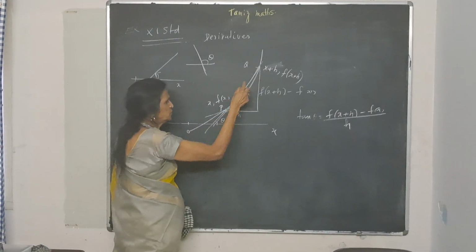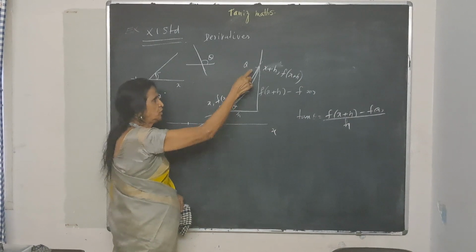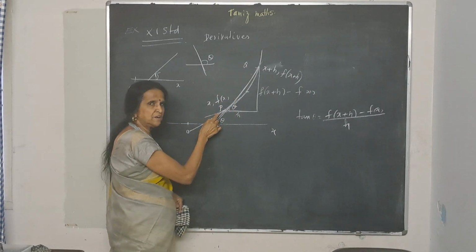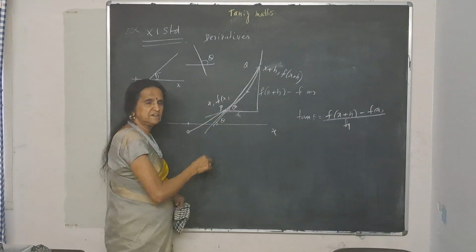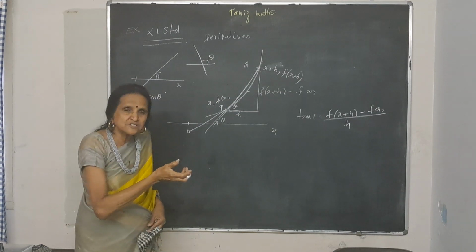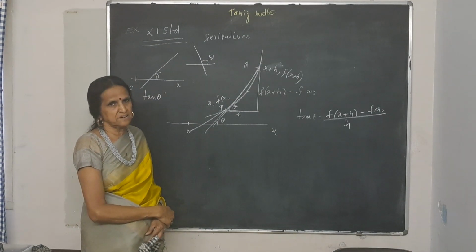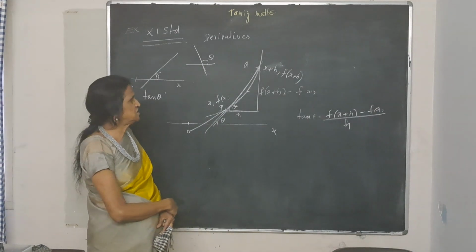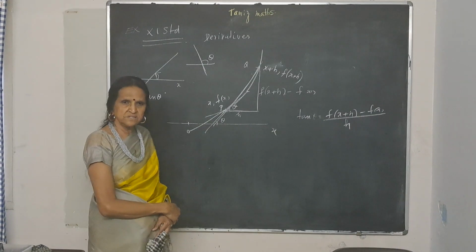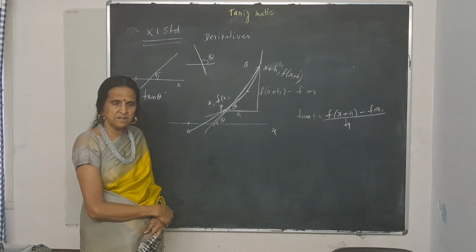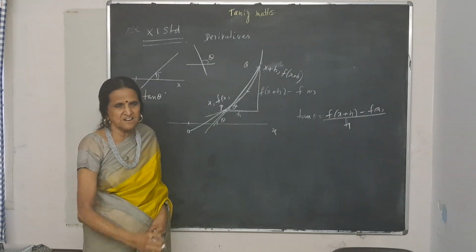When Q moves towards P, the secant line tends to become the tangent line. In the limiting position, Q will coincide with P and the secant line will become the tangent line.